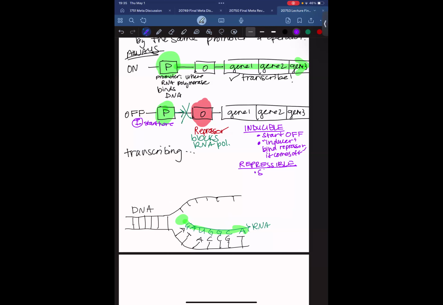They will always start on. Then whatever product they're making will bind with another protein to make the repressor, which then binds at the promoter, sorry, the operator, to block the RNA polymerase and thus turn it off.